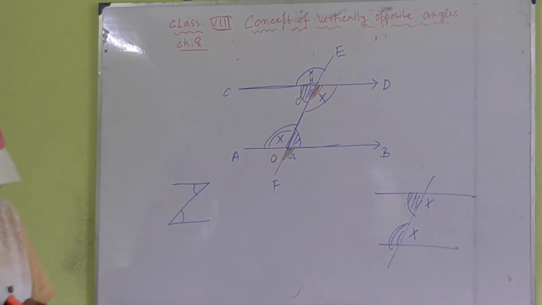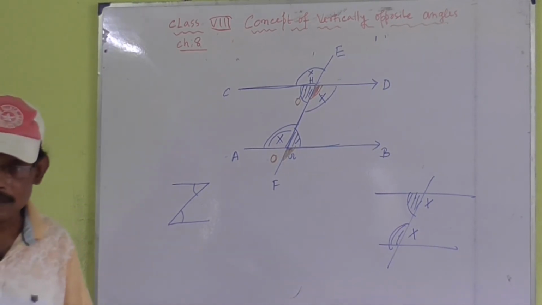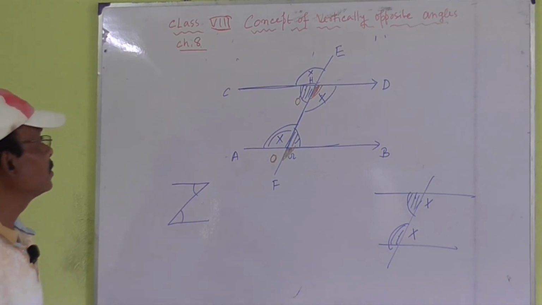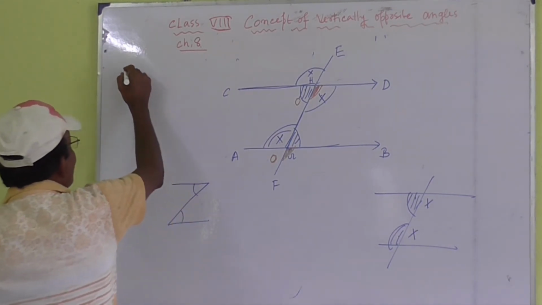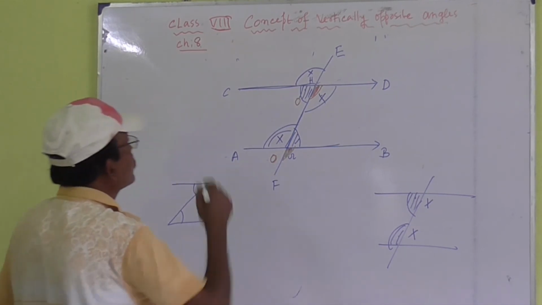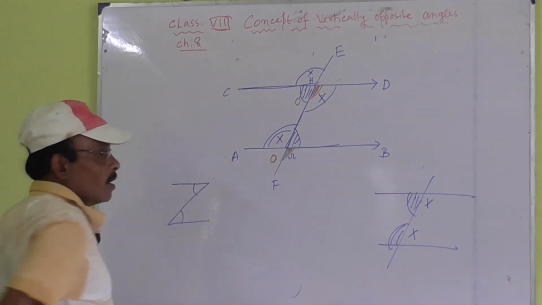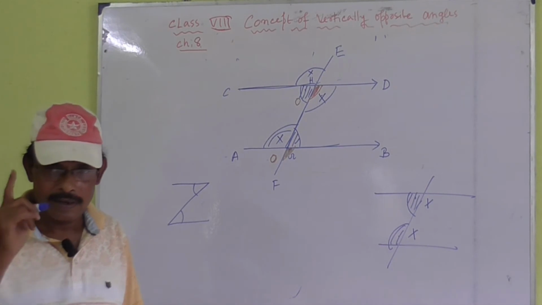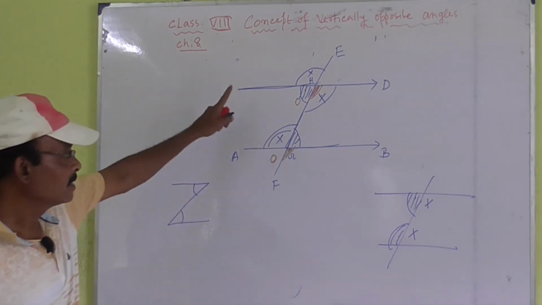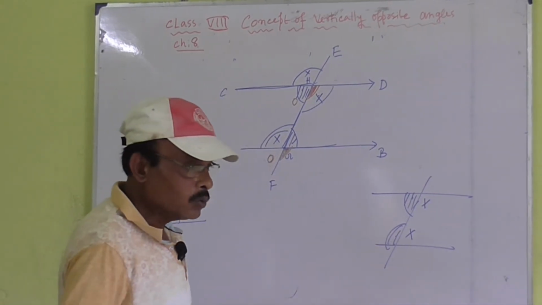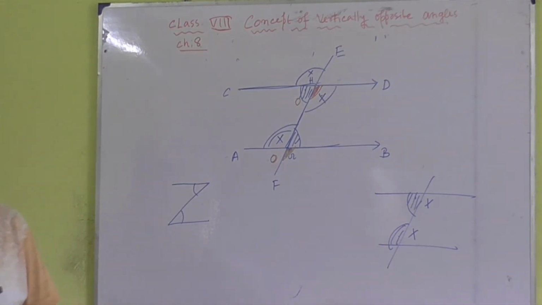So, this chapter is properties of the parallel lines and their transversal. Clear? So, with the help of this, I will discuss some problems.